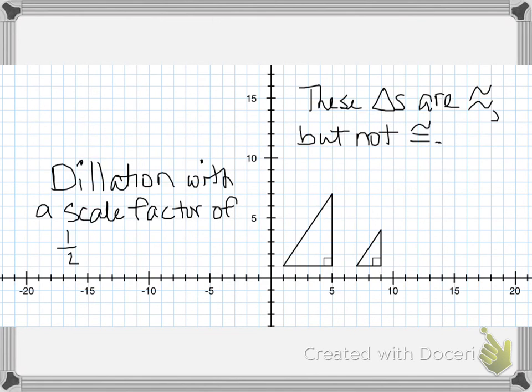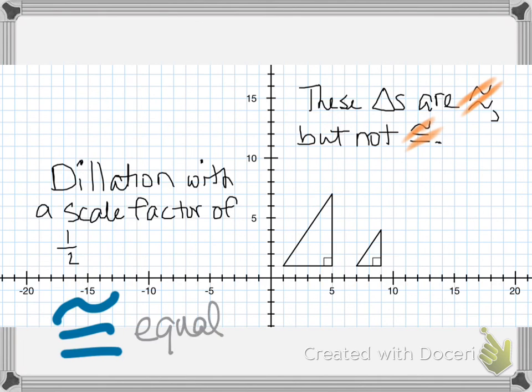Here's the difference between a concept called similar versus congruent. The congruent symbol means, like I said, equal. But then there's this other one called similar.